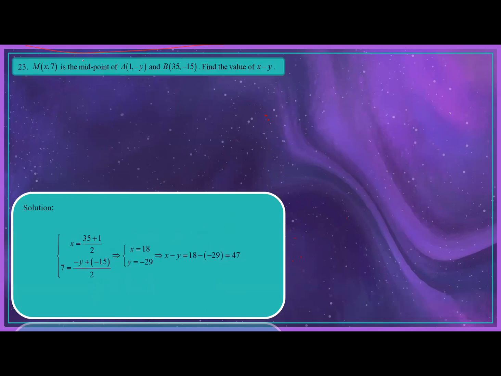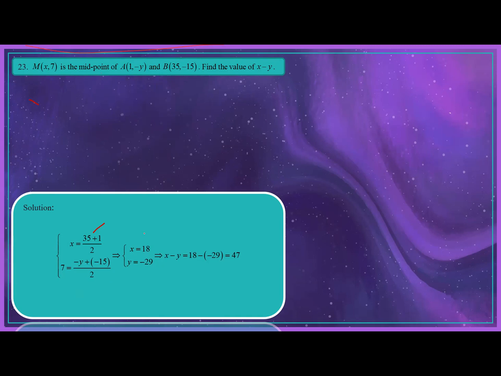Point M with coordinates (x, 7) is the midpoint of A with coordinates (1, negative y) and B with coordinates (35, negative 15). Find the value of x minus y. It's just the midpoint formula. Our x would be 35 plus 1 over 2, and 7 would be negative y plus negative 15 divided by 2.